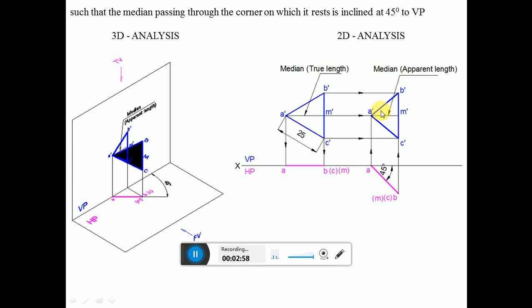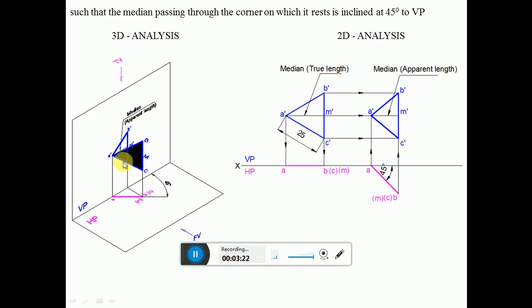Now such that the median passing through the corner on which it rests is inclined at 45 degrees to VP. Which is that corner? A is the corner. I am keeping A on the vertical plane such that the surface is inclined. So this entire surface is inclined at 45 degrees to the vertical plane.